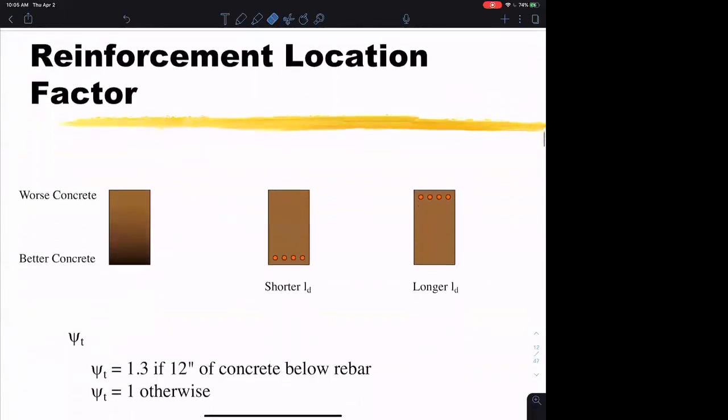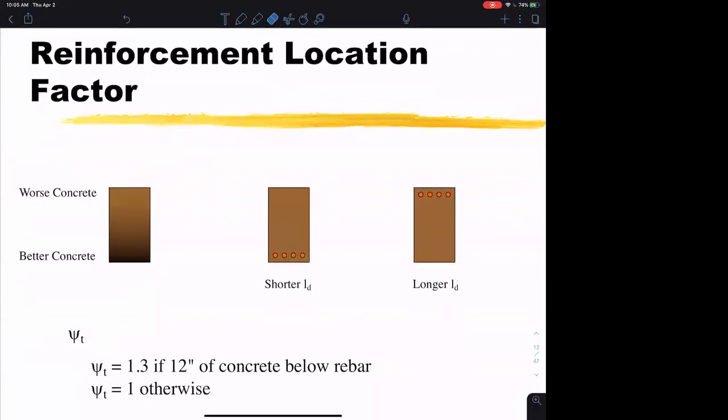The location factor. As I explained earlier, when you pour the concrete this way, the top has worse concrete than the bottom.